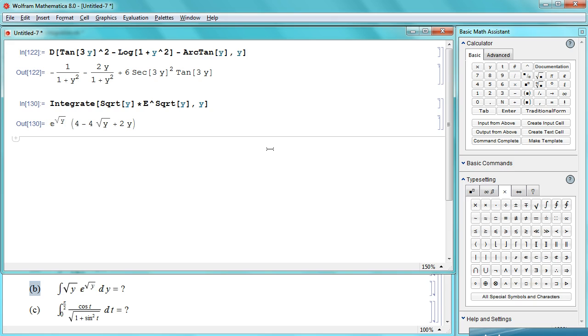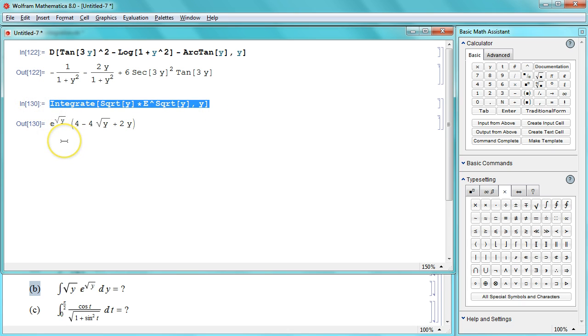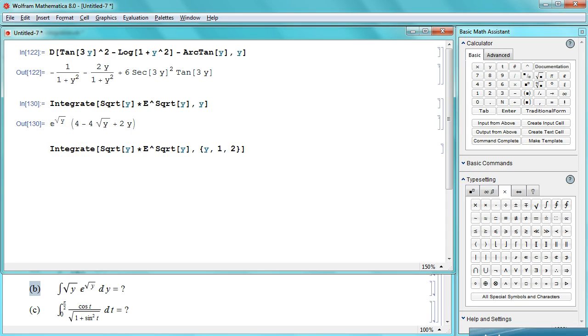If you want to find out the definite integral, you can do something like this. In order to save some time, let's copy and paste, and then run this integral from, let's say, 1 to 2. Okay, let's do that, and then run it, and then here's the answer. That is the correct expression, and I like it.